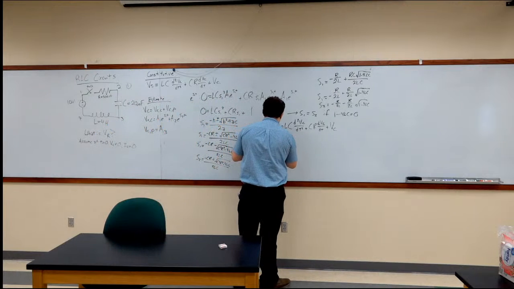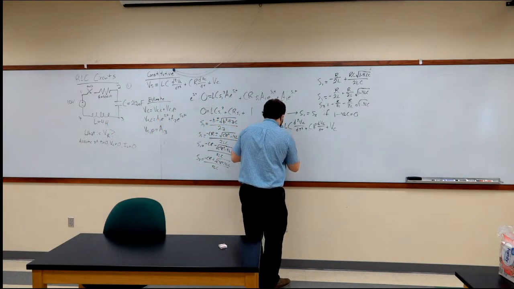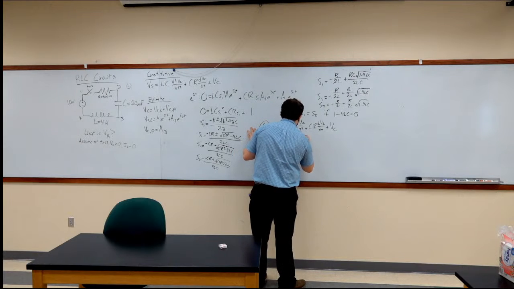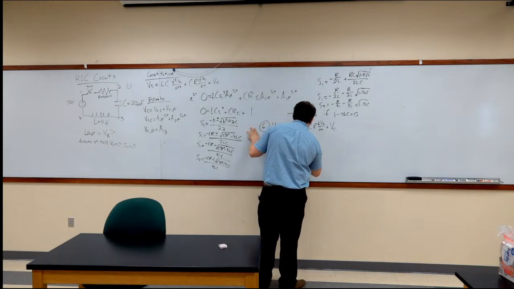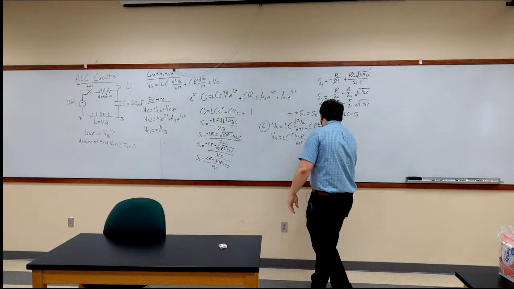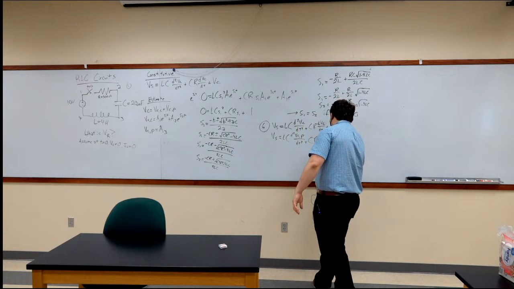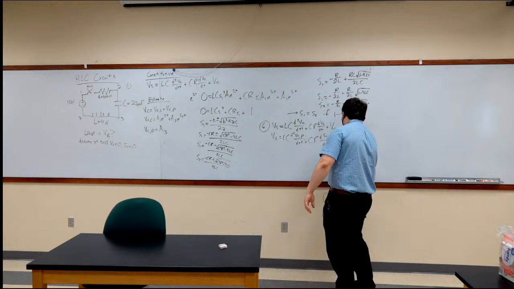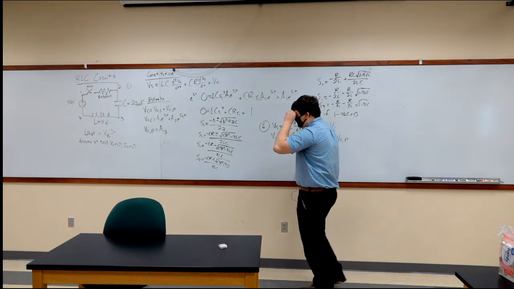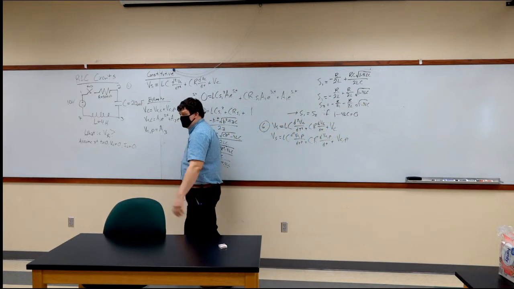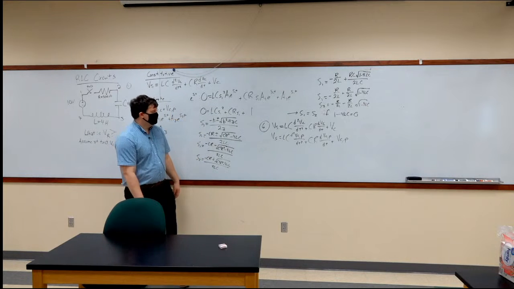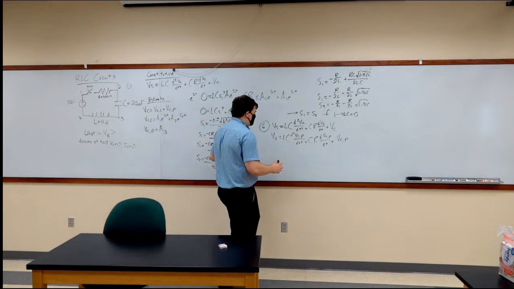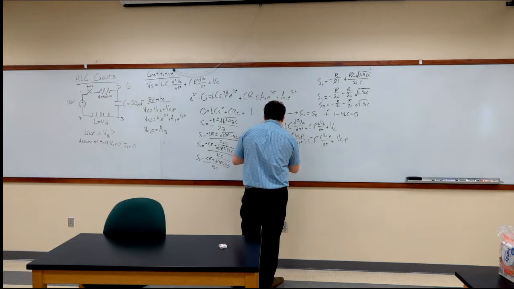Now, this one's going to be a lot prettier, I promise. LC d squared VCP over dt squared plus Cr dVCP dt plus VCP. What is VCP? It's just A3. So here, I can plug in A3 every time I see VCP.